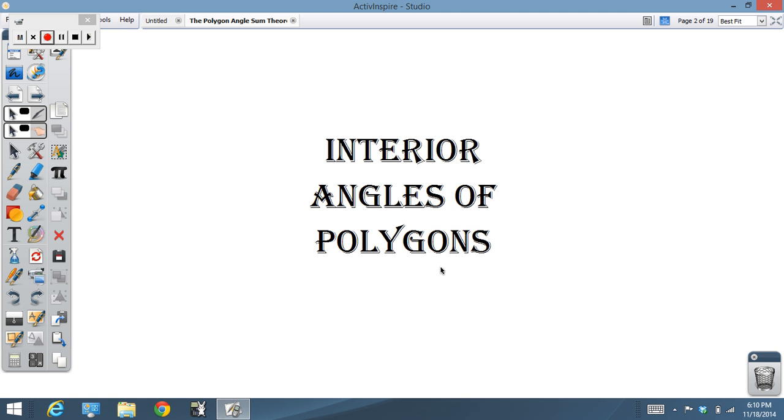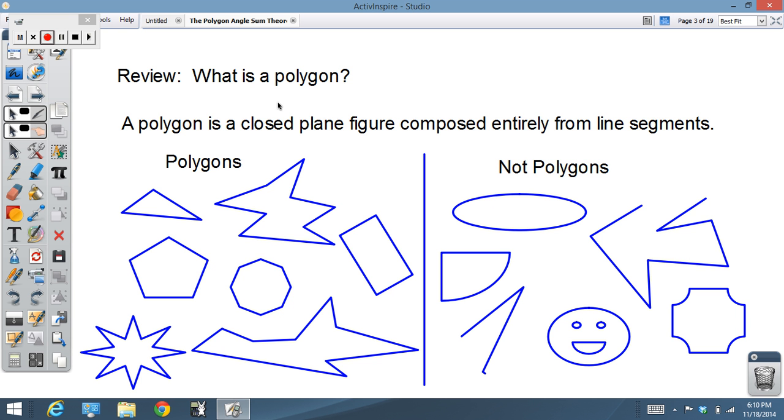So, talking about interior angles of polygons, here's what we mean. First of all, quick review. What is a polygon? A polygon is a closed figure in one plane, and it's composed entirely from line segments. So what you will see over here are a bunch of examples of polygons. You see they are all in one plane.